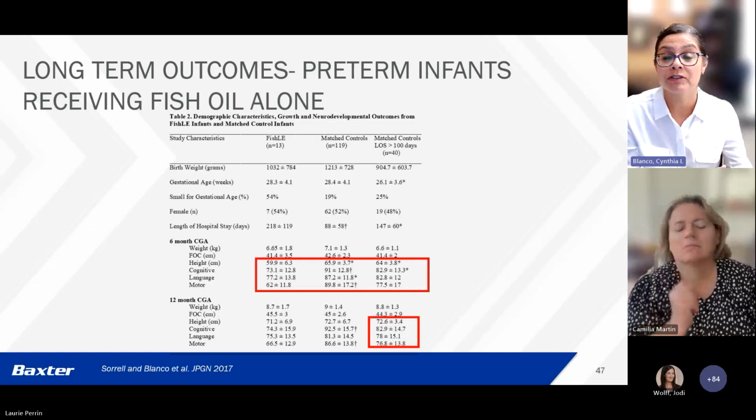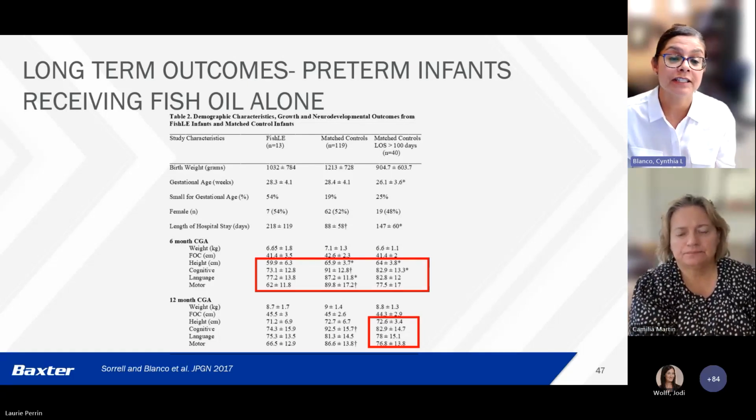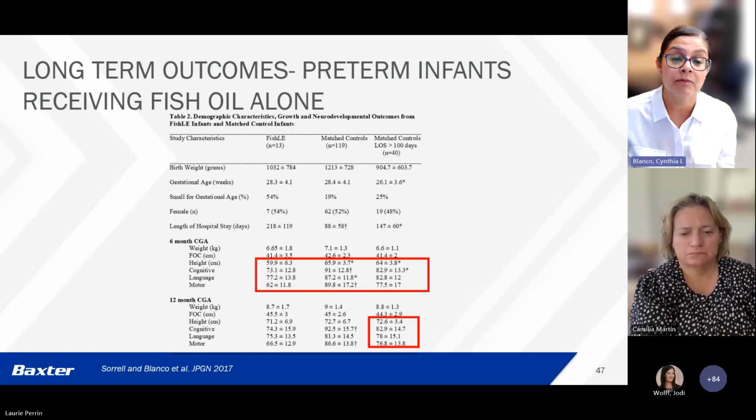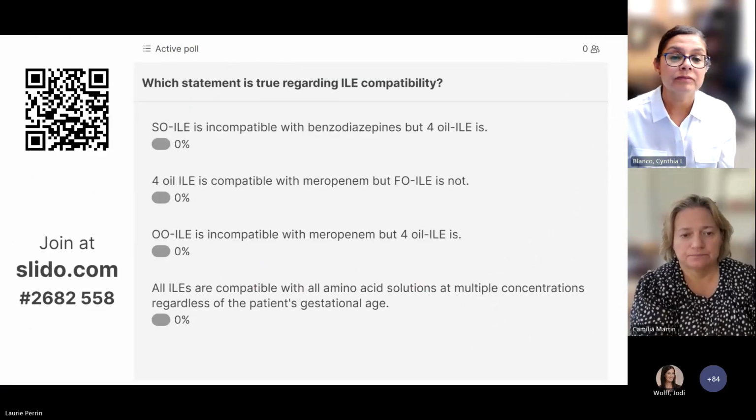But at some point, it was fish oil alone. We had matched controls. They achieved the same cognitive, language, and motor outcomes when they were matched at 6 months and at 12 months of age. If you want to go to the next one.